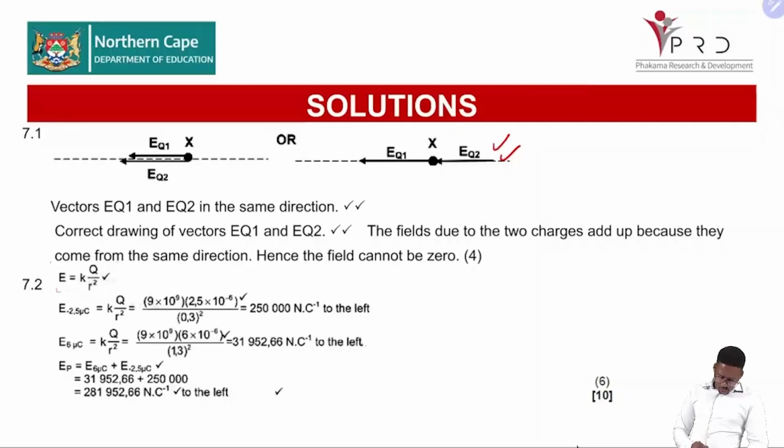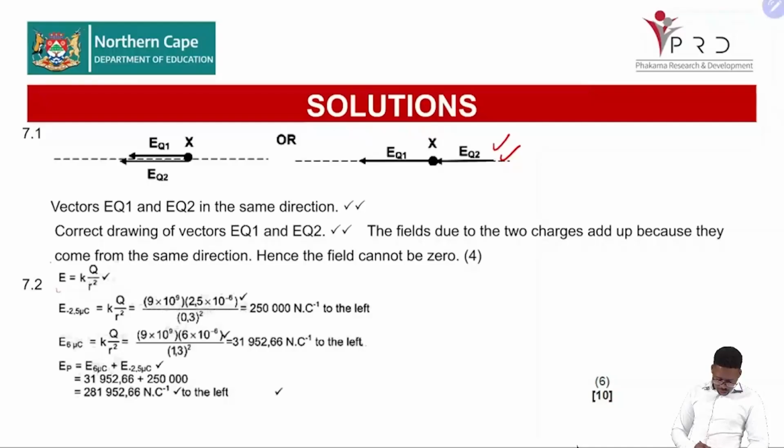Our K is a constant, 9 times 10 to the power 9. Our charge is 2,5 times 10 to the power negative 6 over the distance from X to Q1, which is 0,3. Don't forget to do what? To square.